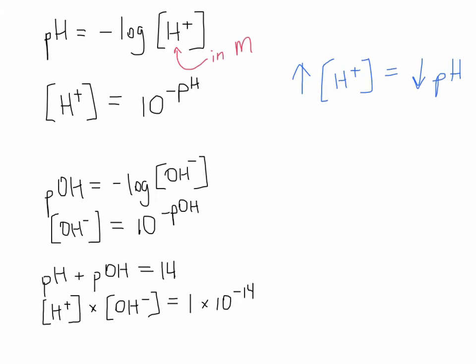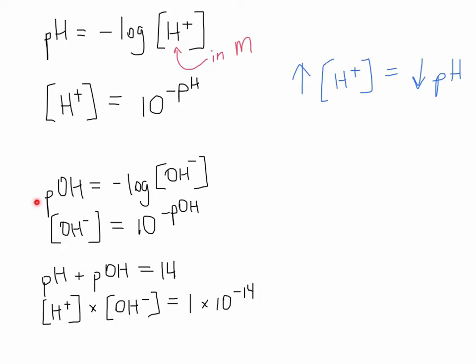Again, the pH is equal to the negative log of the concentration of H+ ions, or the concentration of H+ ions is equal to 10 to the negative pH. pH does not have a unit. Just for your understanding of how this logarithm works, the higher the concentration of H+ ions, the lower the pH. So the more H+ ions, the lower the pH of the solution.